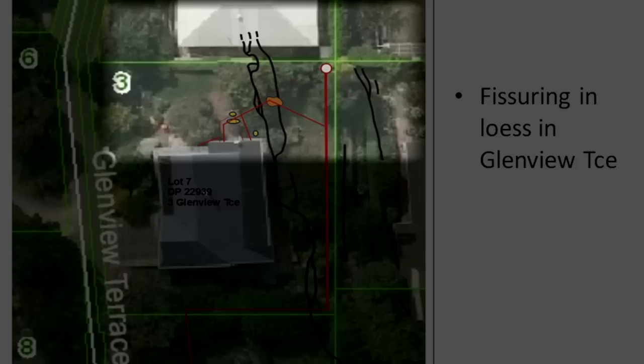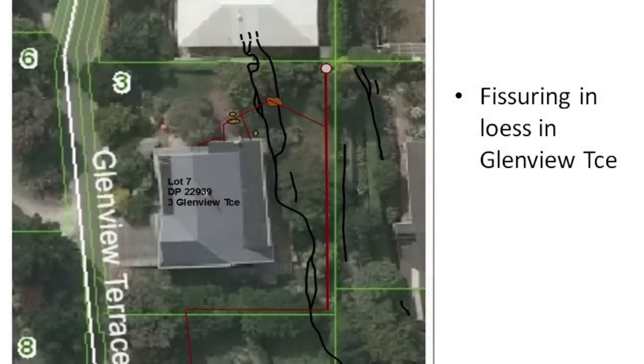That house will not be reoccupied because of the effects of this fissuring. So it is serious, it's not life-threatening in the sense that it's not going to collapse the house, but it does cause problems. And the foundations are gone, they're shot, and therefore you cannot reoccupy that particular house.